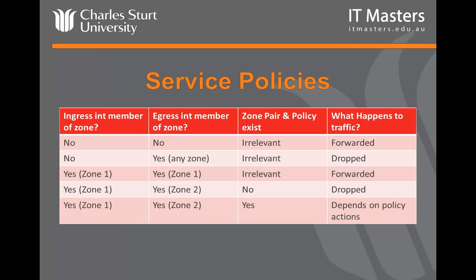The zone pair represents a single direction, or unidirectional flow, of traffic between the two zones. A specific zone pair can only have a single service policy assigned to it. Because the zone pair is unidirectional, the policy map applied to the zone pair applies to traffic initiated in one zone going to the other zone in one direction.